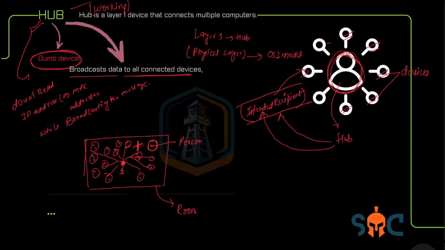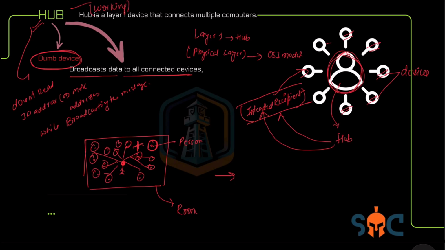Okay, so why is a hub relevant to SOC? Traffic is easy to sniff because it is broadcast. Hubs are rarely used in modern networks but still important for historical knowledge. Understanding them helps SOC analysts identify unsecured networks or legacy systems.